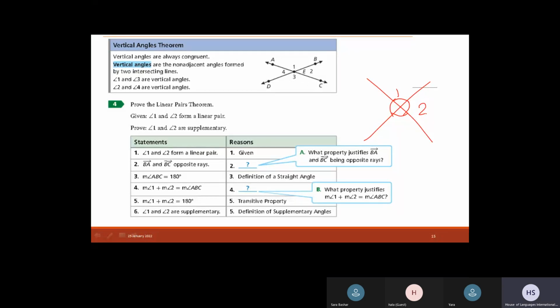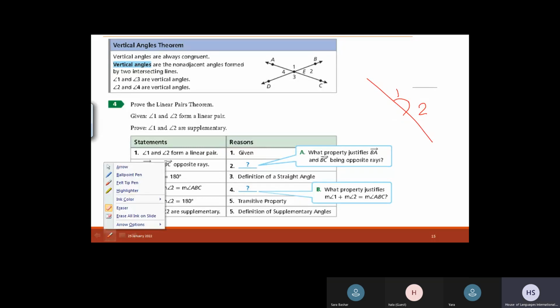I want you now to prove that these two angles are supplementary. They make a linear pair and are on a line. I want you to prove that their summation is 180. How can I? Yes, Yanada.